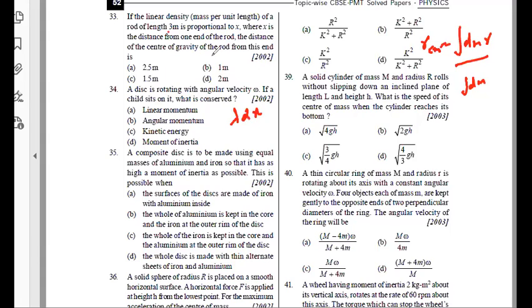So I can say lambda is equal to kx. Easy, right? So what is dm? dm is equal to lambda dx, which is kx dx, and here we also had x, so it is kx square dx.